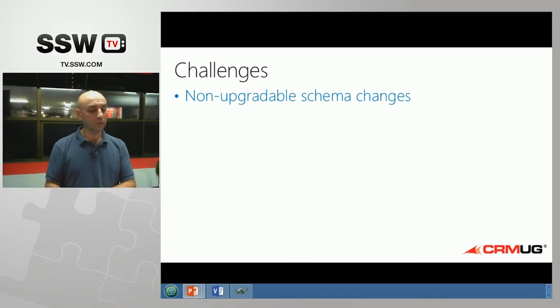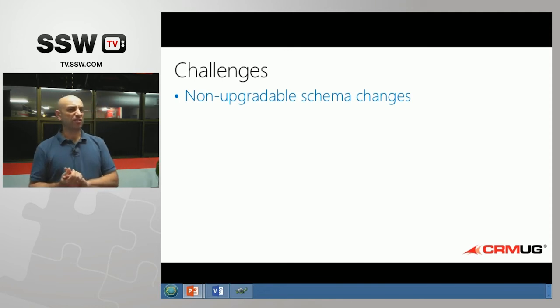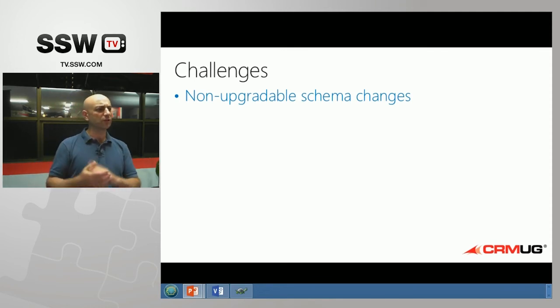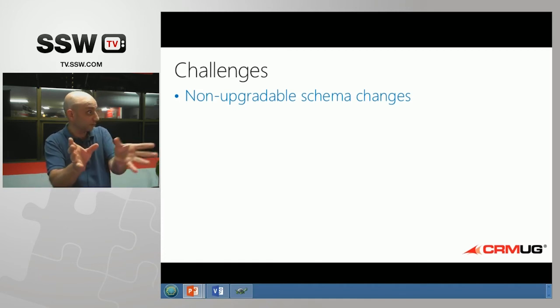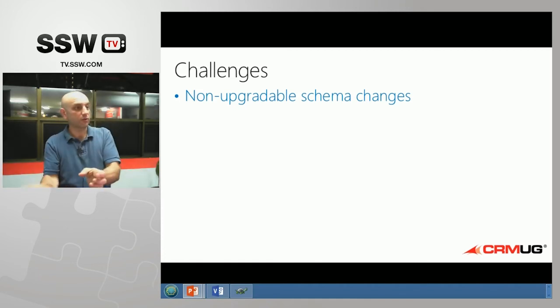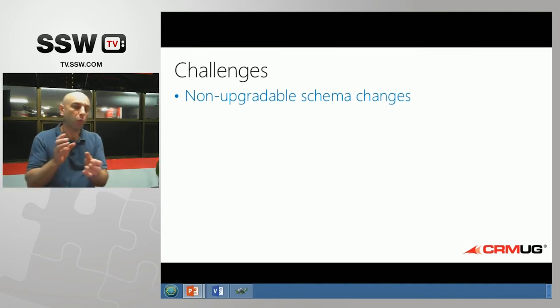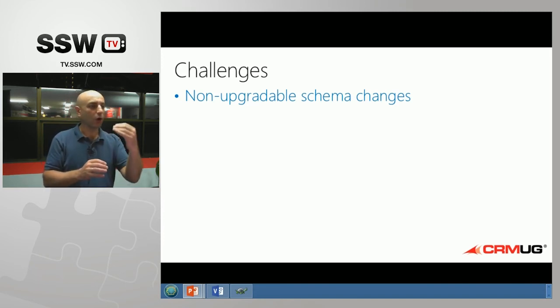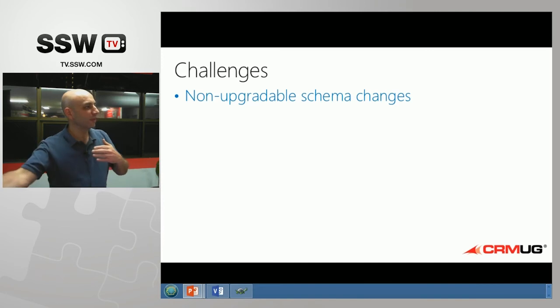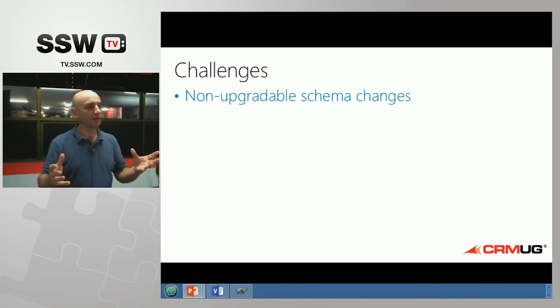So the challenges: non-upgradable schema changes. If you have a naming convention and then change it, like whatever you create, the attribute names, you can't just undo your changes. You can't change the name of the attribute. You can change the caption, the label, but you can't change the name of the attribute. And people say, oh, big deal. Well, it is a big deal, because when you script it, like JavaScript or OData, you're suddenly working with the schema names, not the labels.